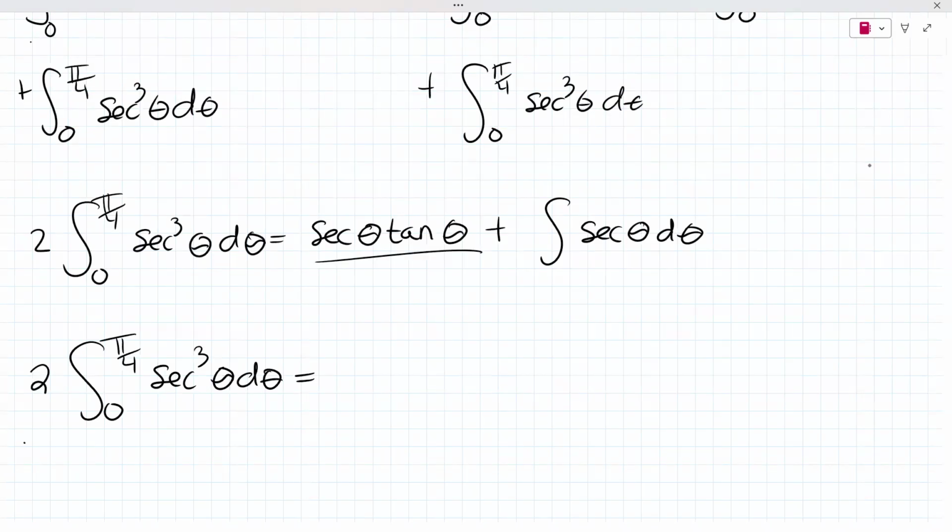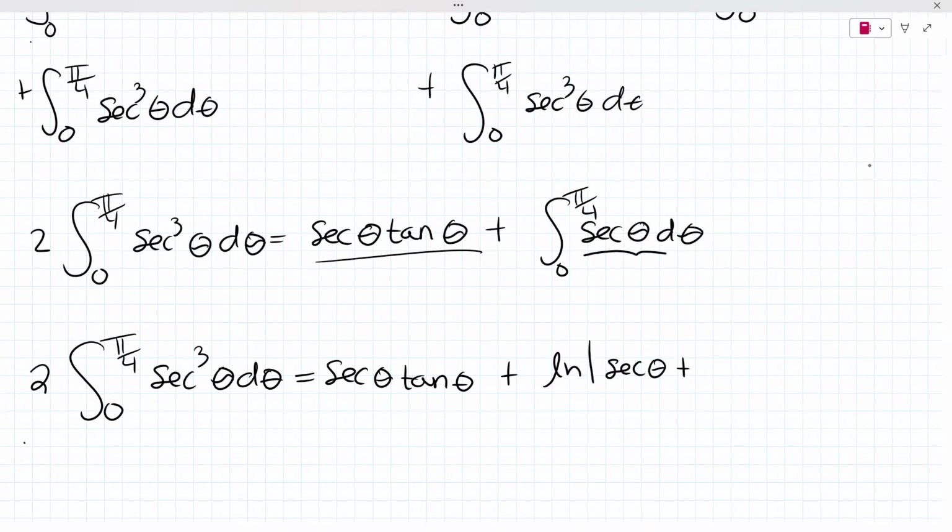Oh, it's from 0 to pi over 4. What is the integration of secant theta d theta? It is the ln of the absolute value of secant theta plus tan theta. And then we do have boundaries, so you got to do 0 to pi over 4.